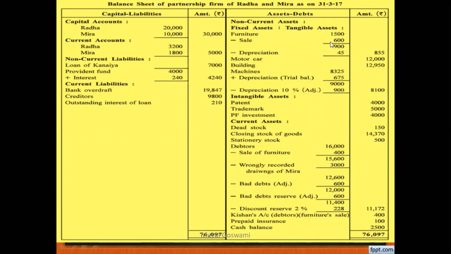Throughout the year 600 sold. So how much would be the remaining balance? 900. On that, please calculate the depreciation. So less depreciation 5%, 900, 5%, 45 rupees. Second effect, 855. And the second effect of this on P&L debit side.